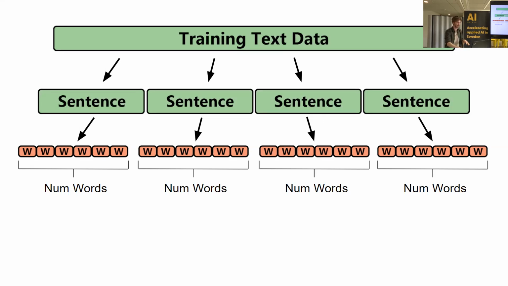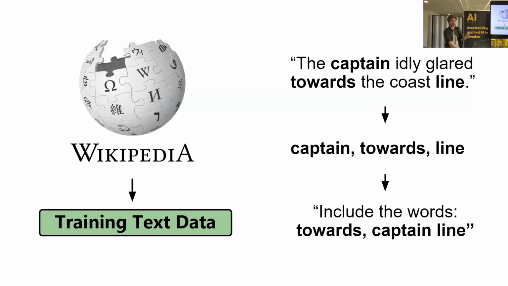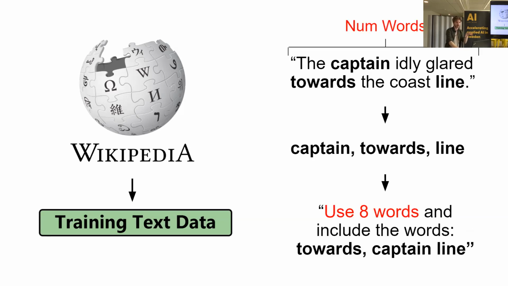So we take these sentences, for example, "the captain idly glared towards the coastline again," and we take not only some sample words from it, but also how long the sentence is. So now we actually tell the model, okay, the next sentence you're going to generate, use 8 words, and I want you to include the words towards, captain, and line.